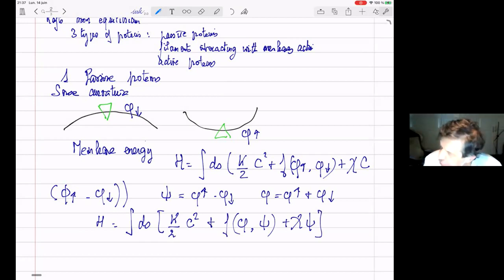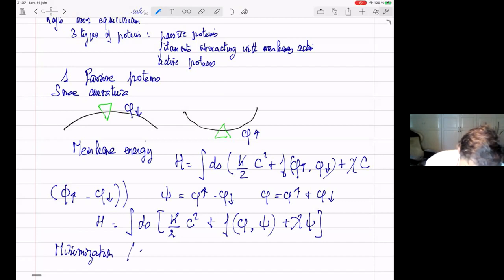Now what I can do is minimize this energy with respect to curvature. If I minimize with respect to curvature, I will obtain the curvature.